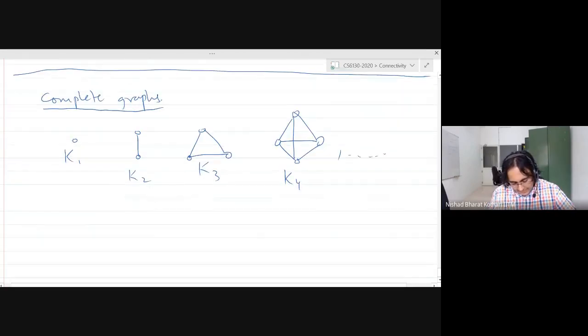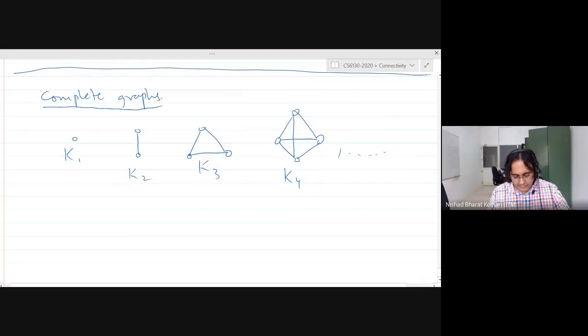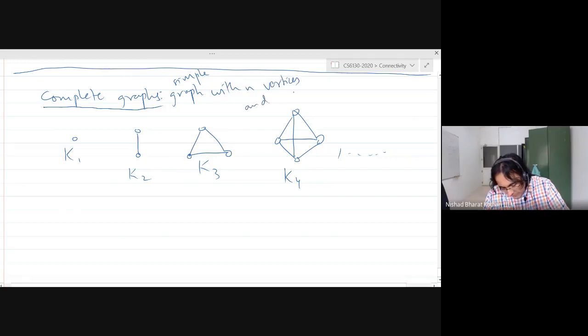It's a graph where each vertex is connected to every other vertex. So a complete graph is a simple graph with n vertices and n choose 2 edges. Any 2 vertices are connected. So K2 is this graph.